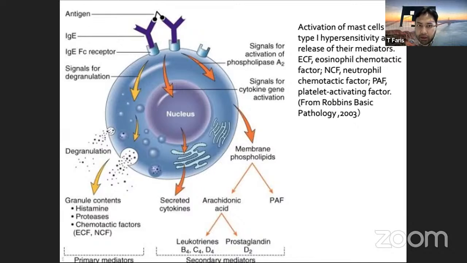Apart from that, we also have the mediators produced through the membrane phospholipids. That includes arachidonic acid, steroid-based molecules. We also have the platelet activating factors for different functions.